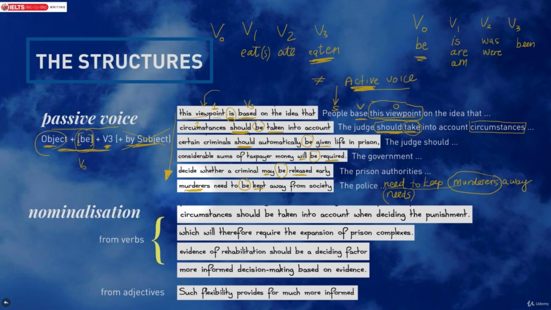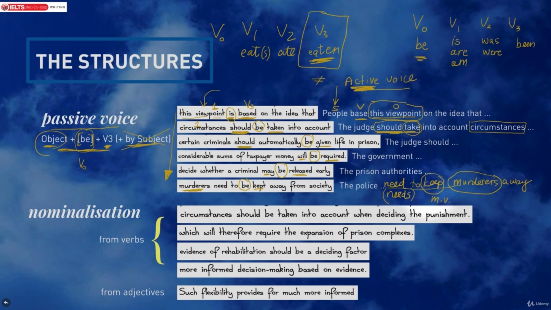Okay, so murderers at the front of the sentence, need to keep. Notice keep is the main verb, MV for main verb. So that's the only one that gets edited into verb 3 format.